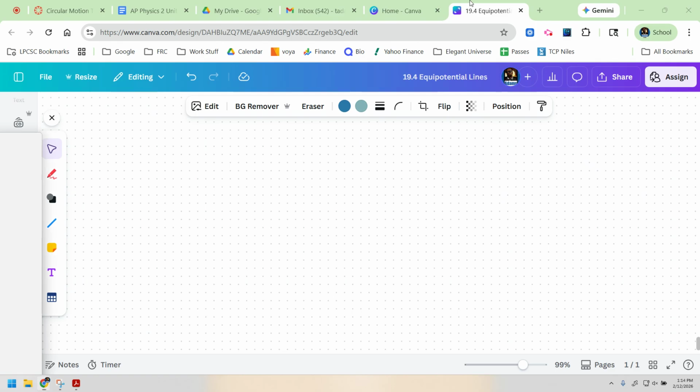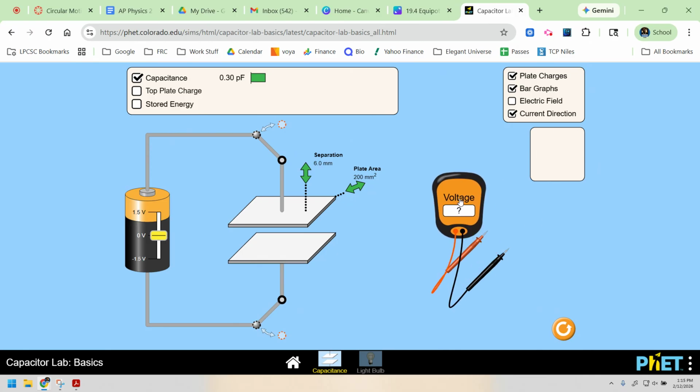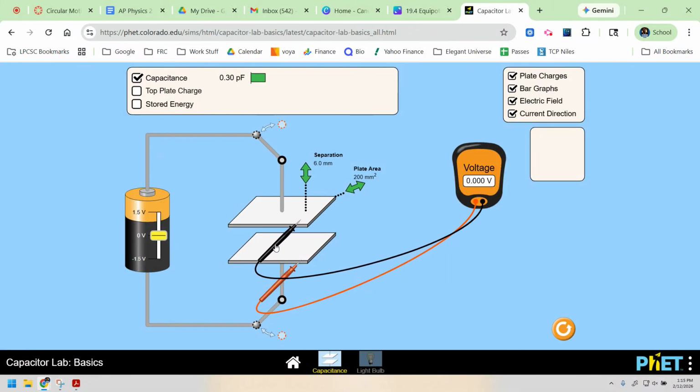All right, so let's take a look at this bad boy. So here we have a battery, and here we have two plates, all right? And here we have a voltmeter, and we're going to see these electric fields, right? So maybe we put this here, maybe we put this here, and we increase the charge.